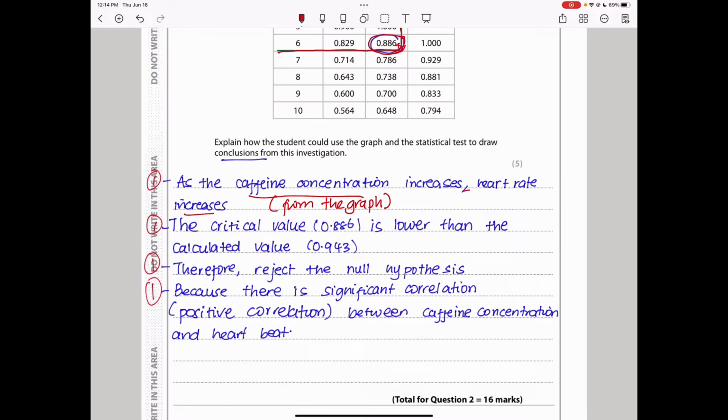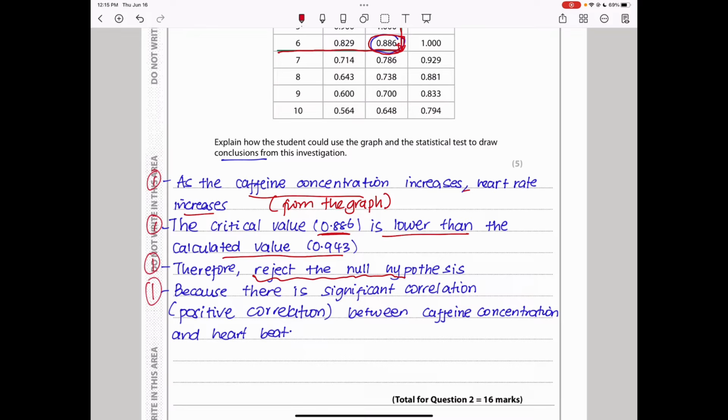And also we saw that the critical value, which we have got from the table of critical values, is lower than the calculated value. If the critical value is lower than the calculated value, we reject the null hypothesis. Our null hypothesis was that there is no significant correlation between the caffeine concentration and the heart rate.